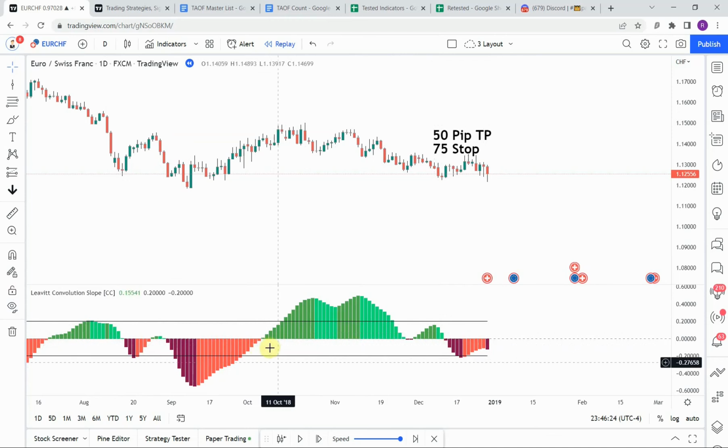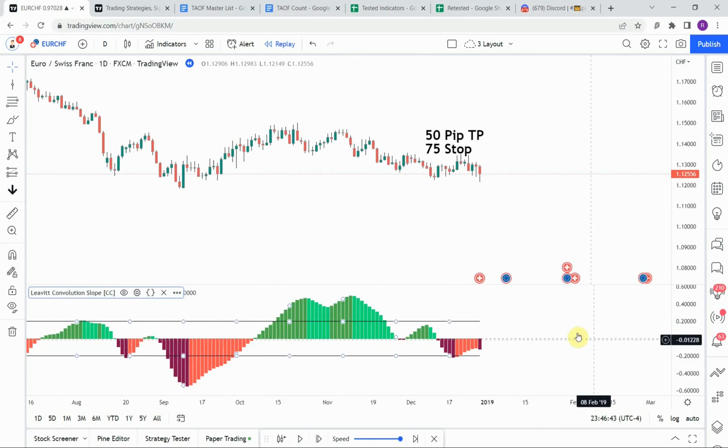And so initially I thought maybe this indicator could be used as an overbought, oversold type situation, because it seems to imply with the upper and lower band that there might be some extremes that you could take advantage of.